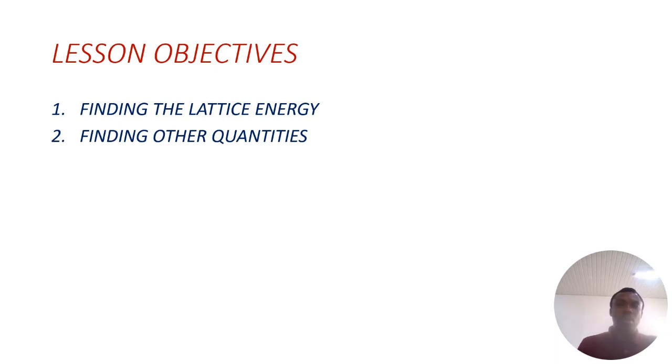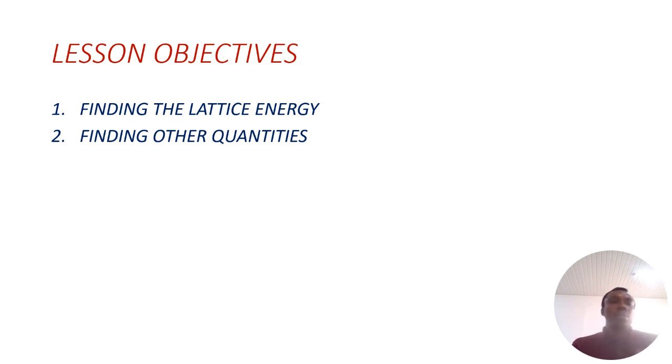I'm Mr. Joseph, your chemistry teacher, and today's lecture is in continuation of our previous lecture on lattice energy. In our previous class, we talked about lattice energy, and we discussed how you can use the Born-Haber cycle to calculate the lattice energy.